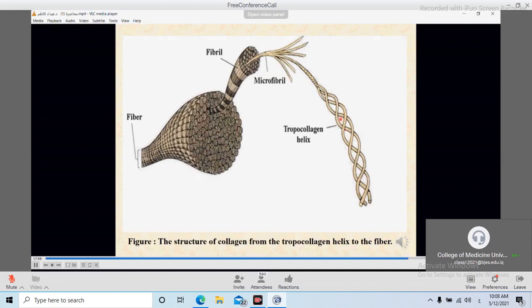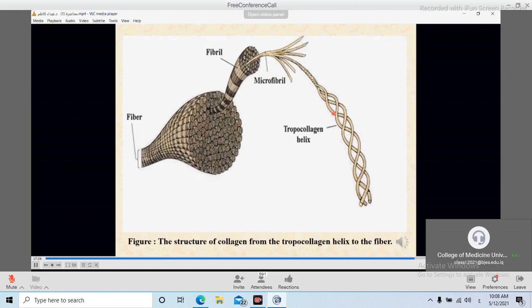إذا مثل ما نلاحظ each molecule is composed of 3 polypeptide chains called alpha chains that are arranged in a triple helix اللي الشكل لي tropocollagen molecules.